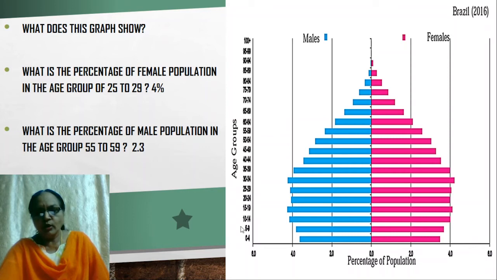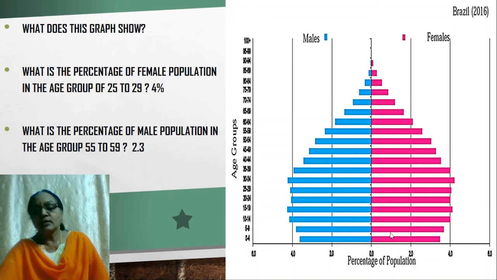Now here on the x-axis, we have the percentage of population, and on the y-axis, age group is given. Now here the age group is given as, say, 0 to 4, 5 to 9, 10 to 14, 15 to 19, 20 to 24, and so on.